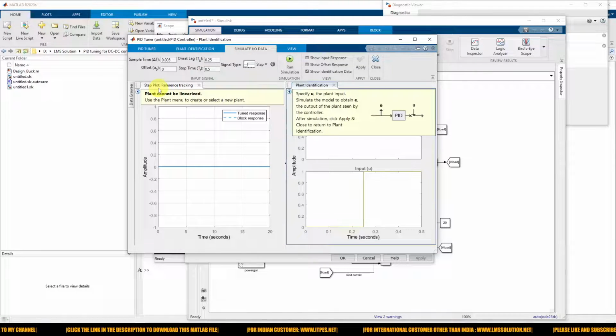That means here we need to tune the PID or PI controller parameters. The output of the PID is going to be considered as the input for the plant, and the input of the PID controller is going to be considered as the output data of the plant.